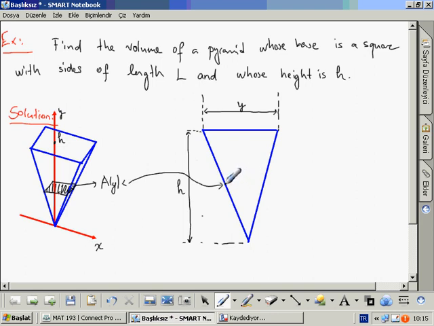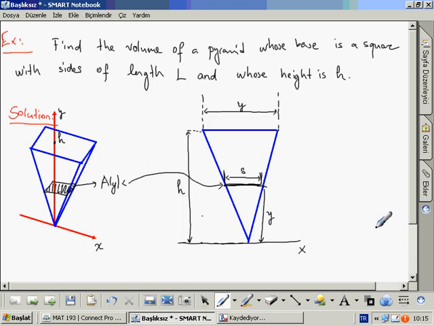And this part is s, and also this is the y, and this part is x.